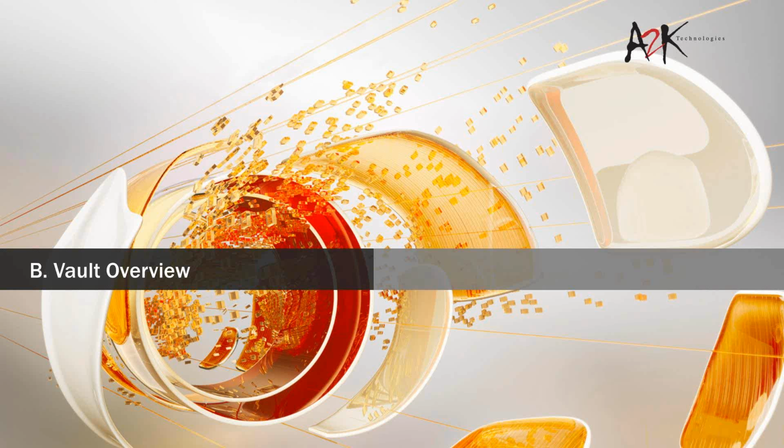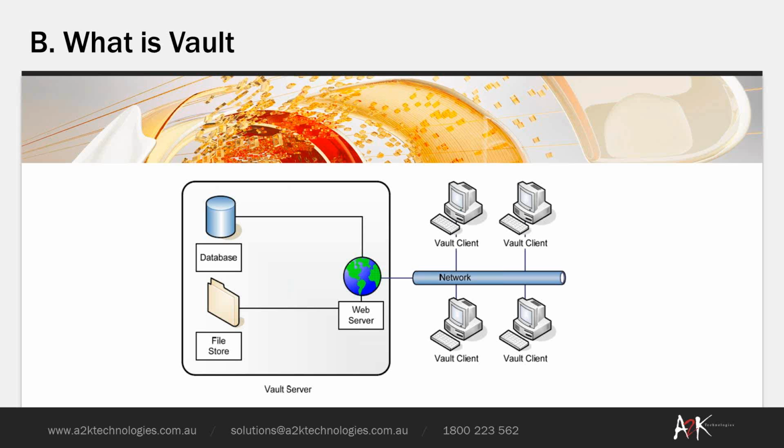Okay, so let's get into the main topics today, and we'll give an overview of what is Vault. For people who aren't familiar with Vault, it consists of two main components. One is the server application, and the other is the client application. So the Vault server sits on the server, and the client sits on the workstation.